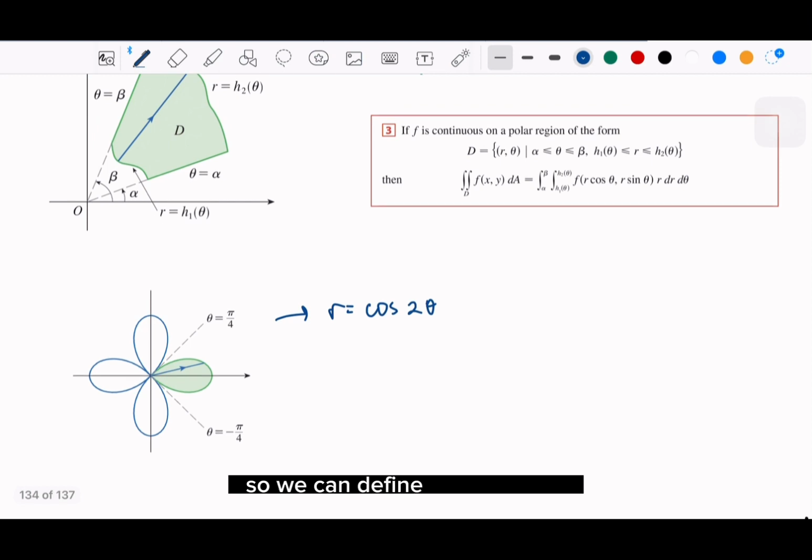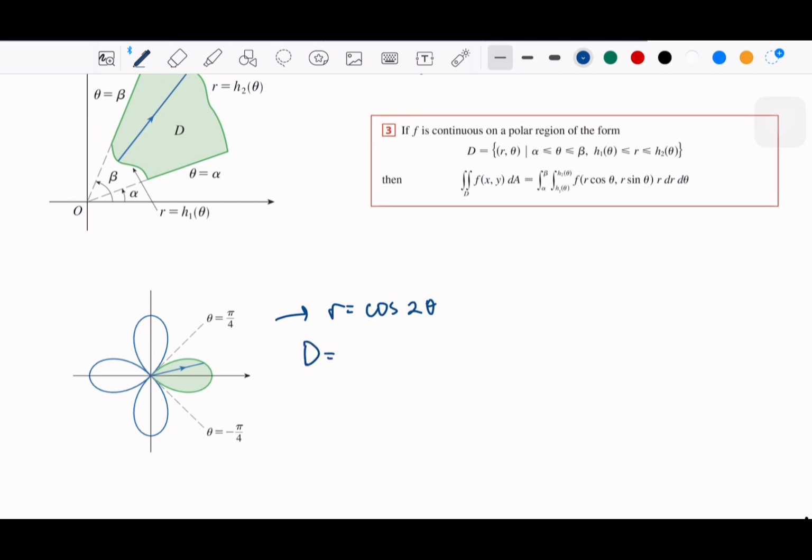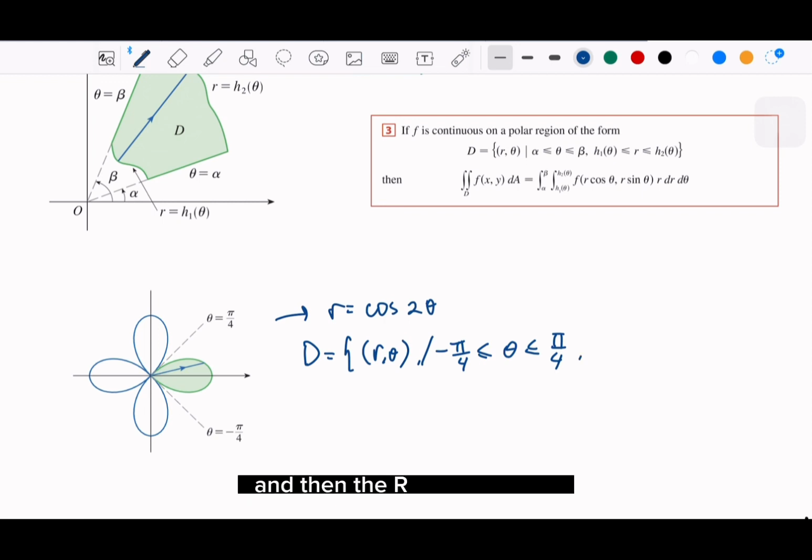So we can define the range of all the elements. For theta, this is going to be from negative pi over 4 until pi over 4, and then r is from 0 until cosine 2 theta.